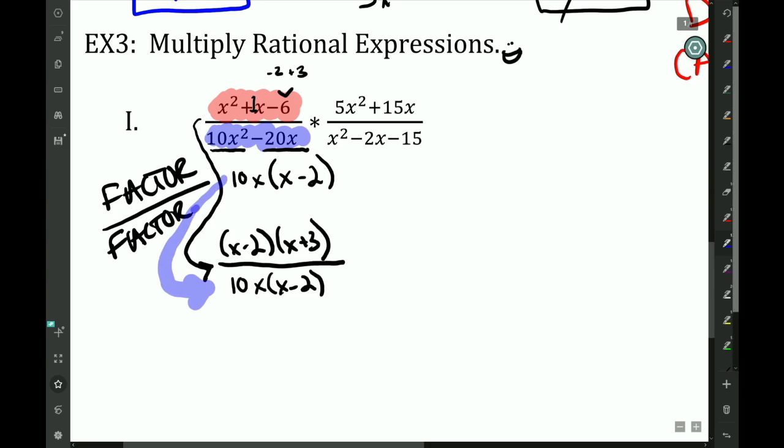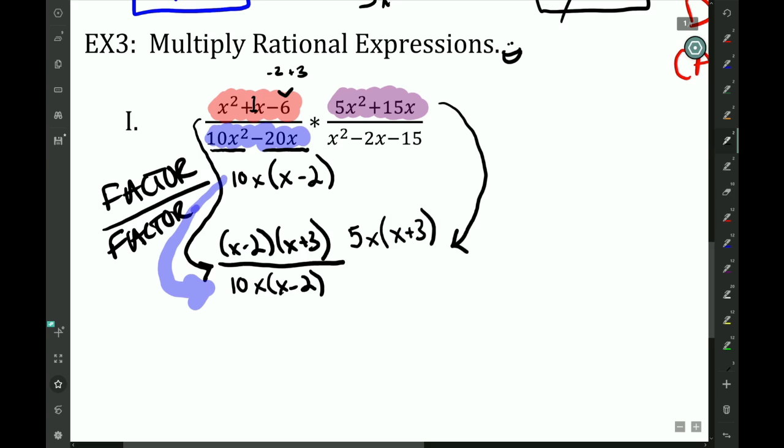Okay, let's take care of the other side. So, again, 5x squared plus 15x. If there's two things, generally, you're just going to remove the GCF. So that's going to be 5x out front, leaving you with x plus 3 all over the denominator. If we factor the denominator out, let's see, 5 and 3, a negative and a positive.